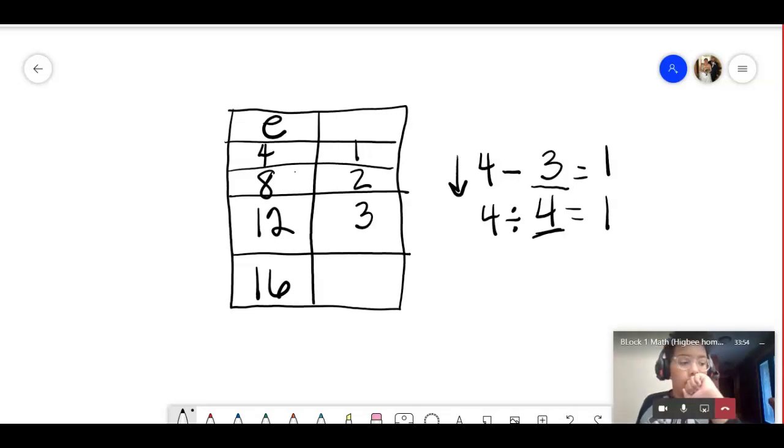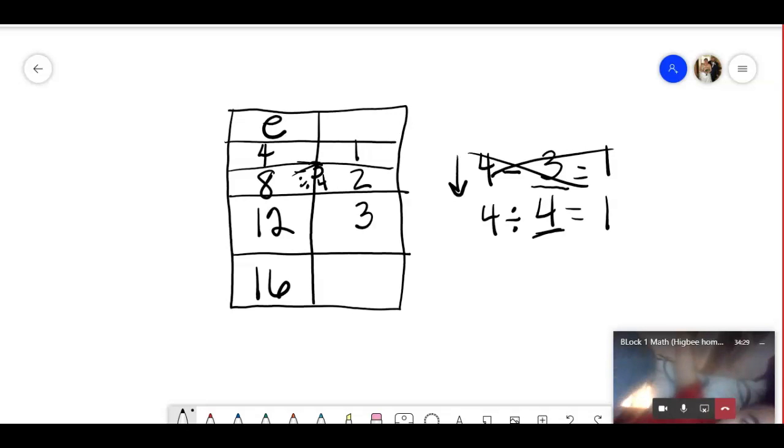So for the second row, is 8 minus 3 2? Remember, Elijah is silent, so I need to hear from somebody else. Jada, Jalen, David, Isaac, is 8 minus 3 2? No. So minus 3 doesn't work. Is 8 divided by 4 2? Yes. So I'm saying that the rule is divide by 4, so e divided by 4. But I have to check.